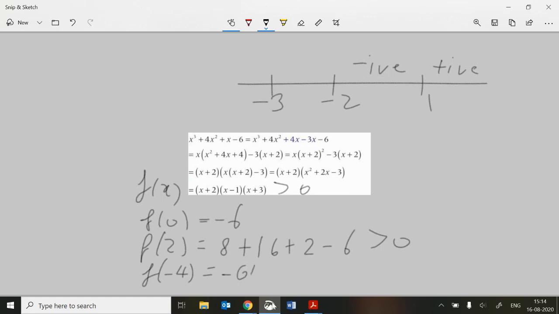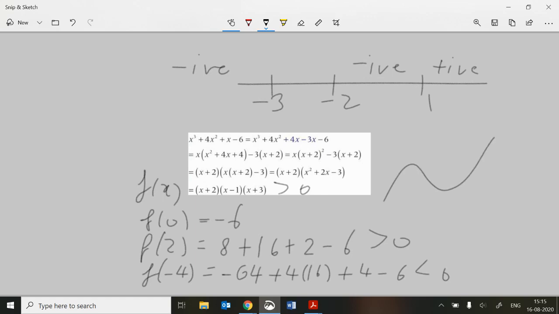It's minus 64. And then plus 4 lots of 16, which is plus 64. And then you've got plus 4 and minus 6. It's giving us minus 2, which is less than 0. So we can see here we're also getting a negative. And obviously, you can check minus 2.5 as well. So you can make up your sign table pretty quickly here.